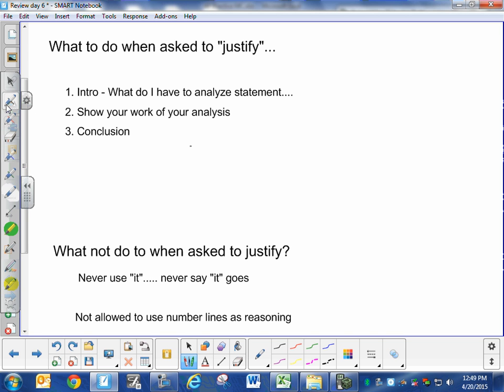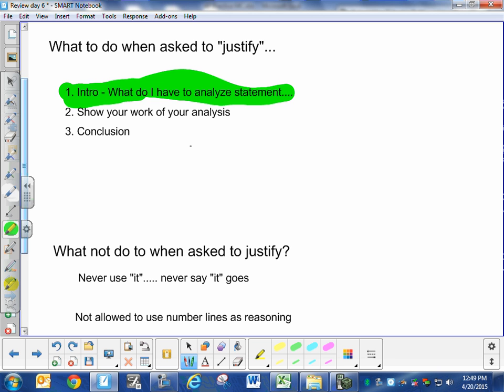First statement is the most important. Your intro statement is the, hey, you asked me to find this. I know what I need to do to find this. This is what I need to do. Most important statement. The work shown doesn't have to be in the paragraph. It can be on the side, but you show all your work from finding your answer.